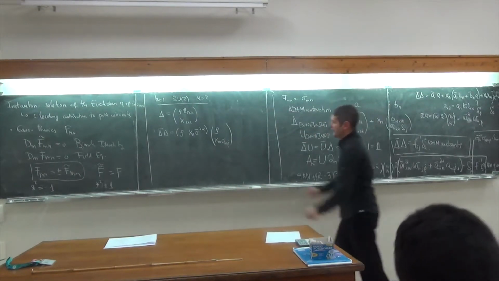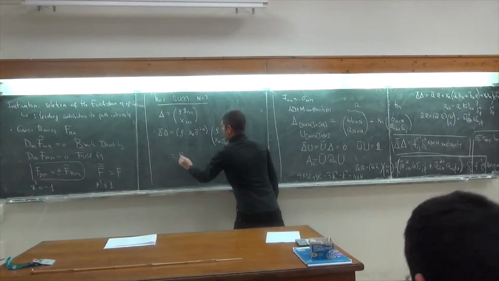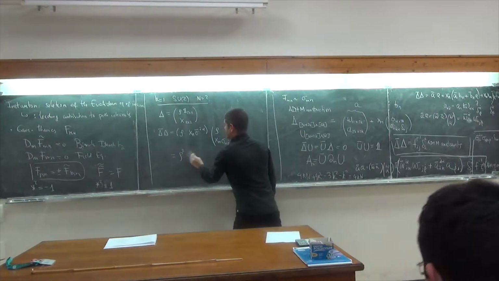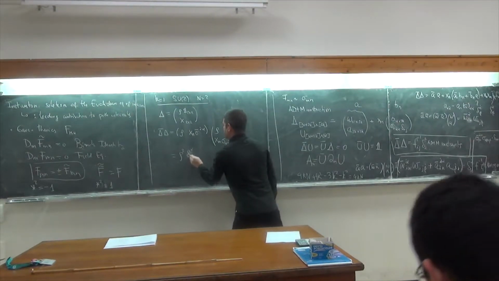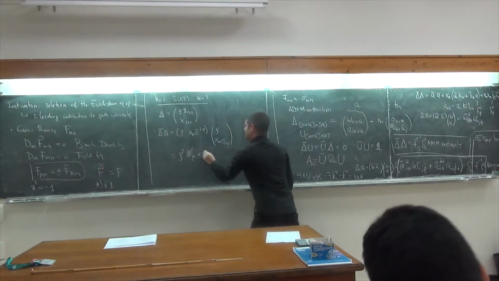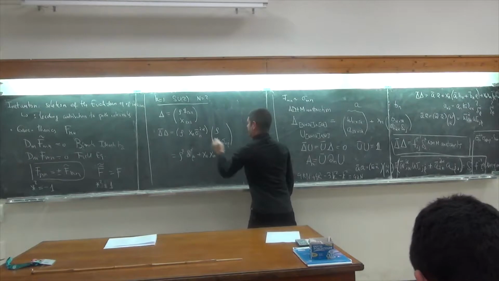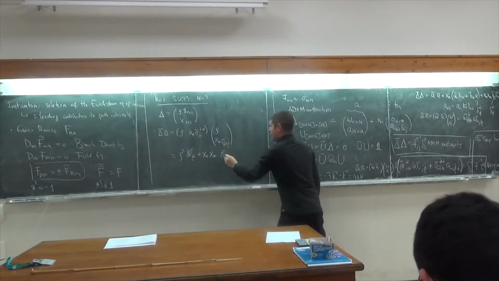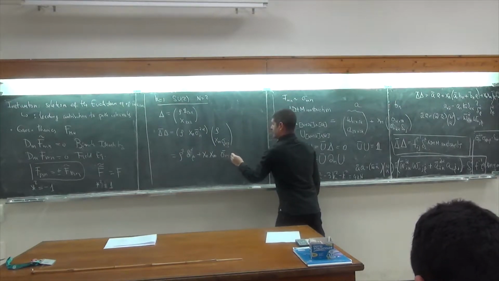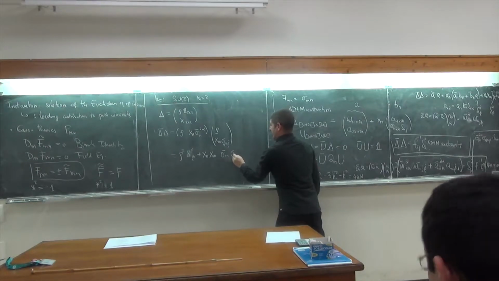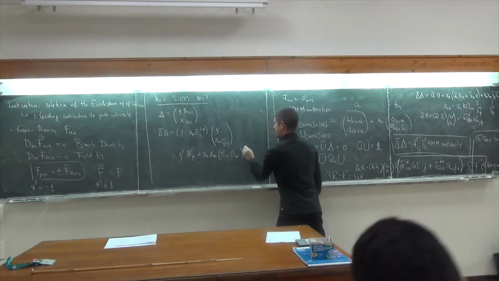Okay? Then this is equal to rho squared times the identity, delta alpha dot theta, plus x_n sigma bar n times sigma n theta.